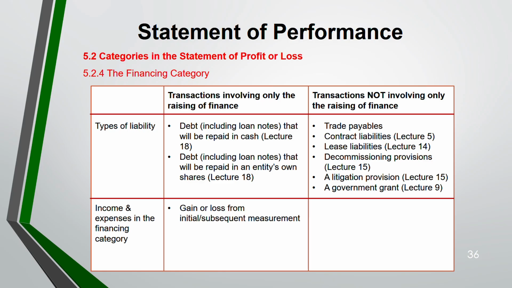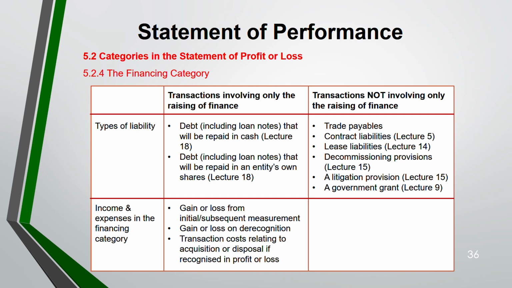So any income and expense that relates to those liabilities for which we are only raising finance, then the gain or loss, whether from initial or subsequent measurement, will be under the financing category. Okay, the liability. Now income and expenses: gain or loss on derecognition, and transaction costs relating to the acquisition or disposal if recognized in profit and loss.